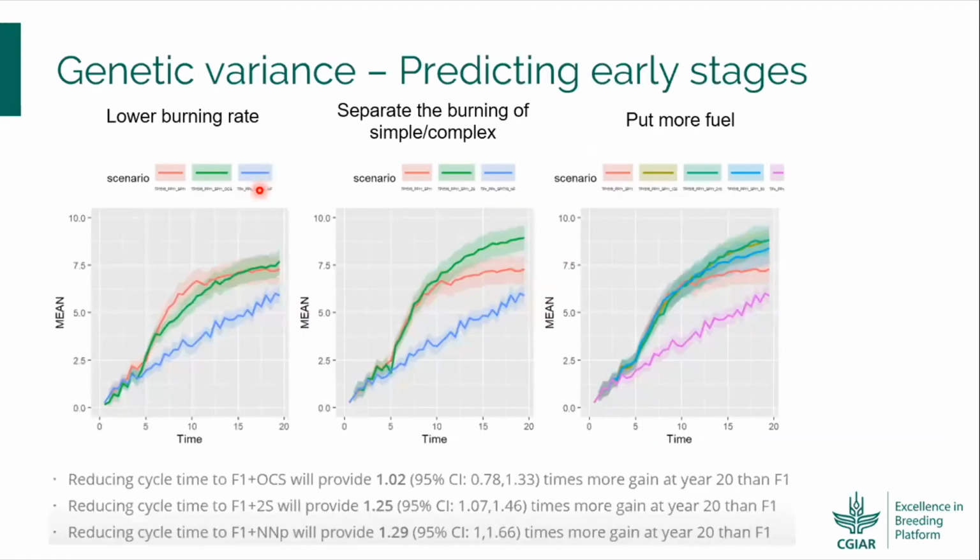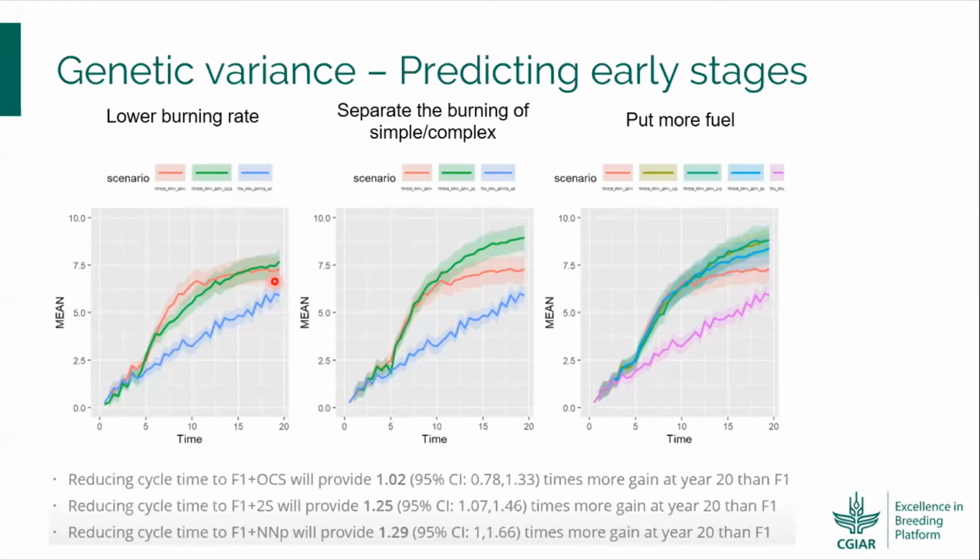So yesterday, I was showing you that the immediate outcome is that the genetic variance is translated into genetic gain so fast that you reach a plateau very quickly. So this is what I would call the variance burning rate.